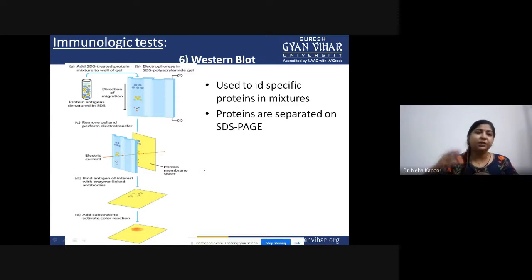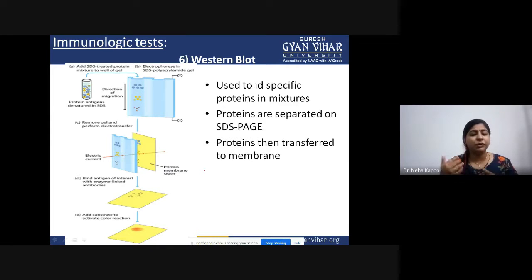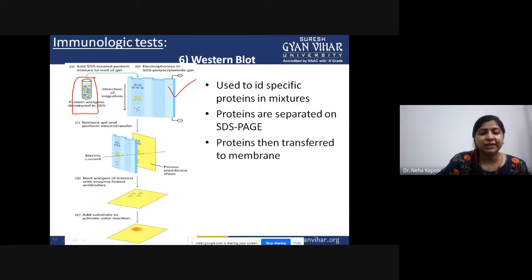The protein mixture is separated depending upon their molecular weight. As you can see, these protein antigens are denatured by using SDS, that is sodium dodecyl sulfate. It is a detergent. After you have treated these proteins with this detergent, you will add this mixture into this vertical gel, SDS polyacrylamide gel.